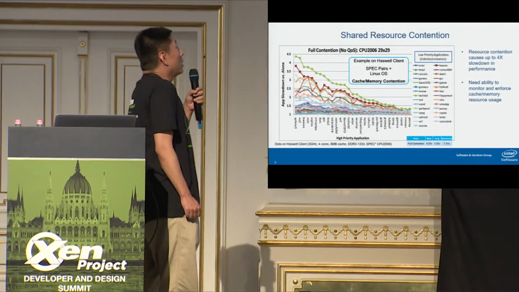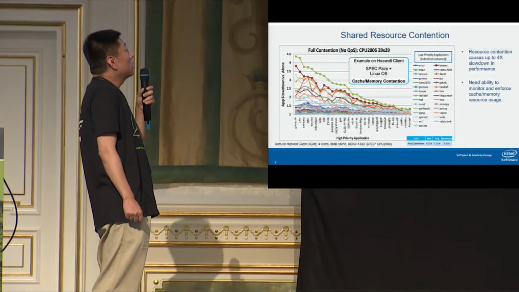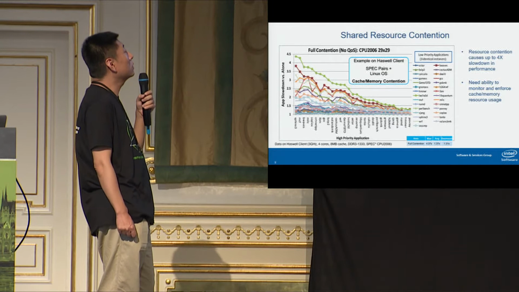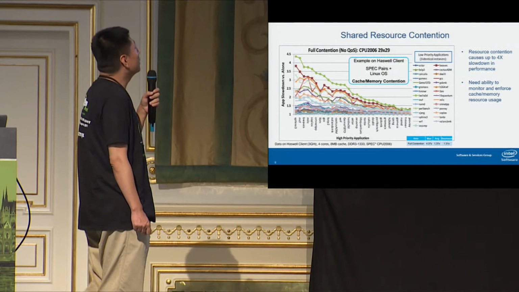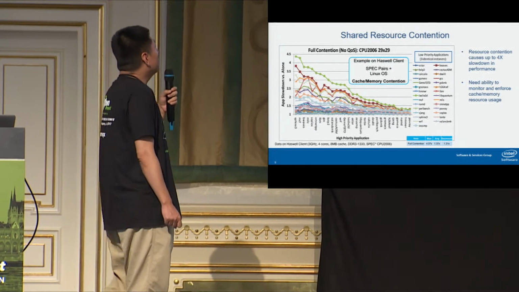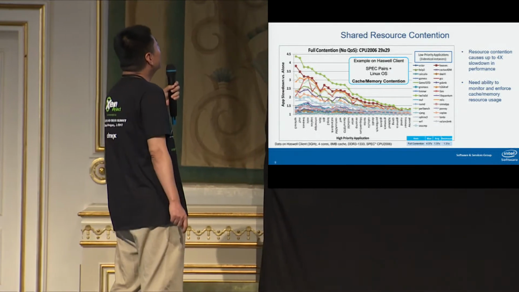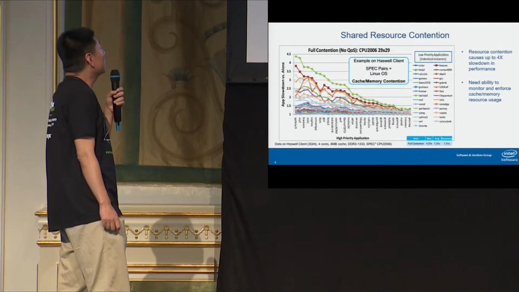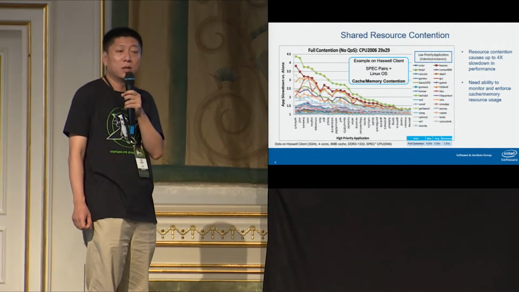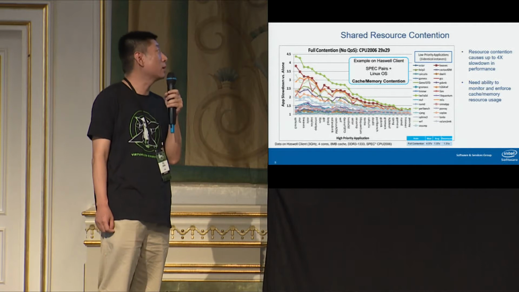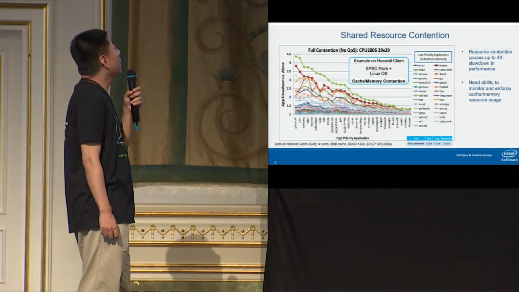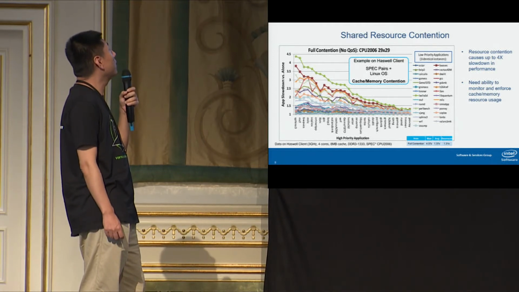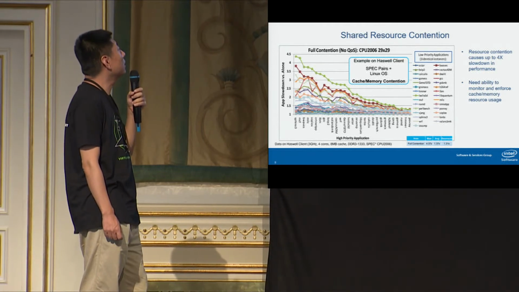Here is a figure showing an experiment which was performed years ago in Intel. As you can see, the horizontal axis is a list of benchmark tools in, I guess, CPU benchmark 2006, and the vertical axis is the performance slowdown compared to running the test cases alone.